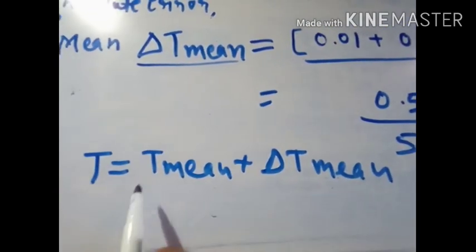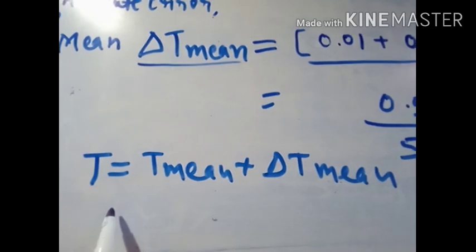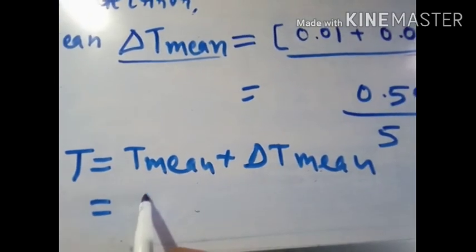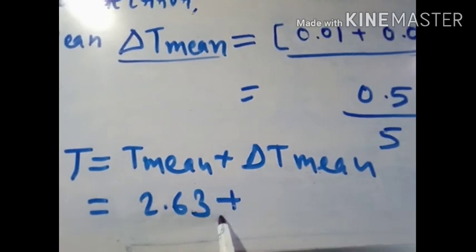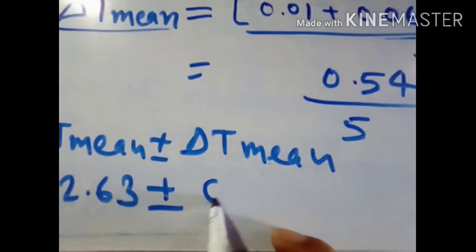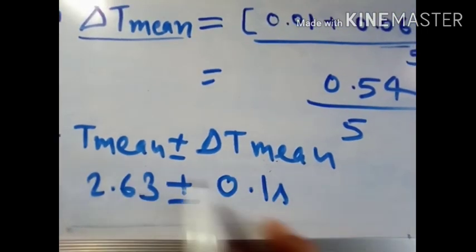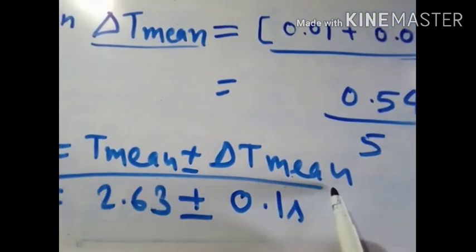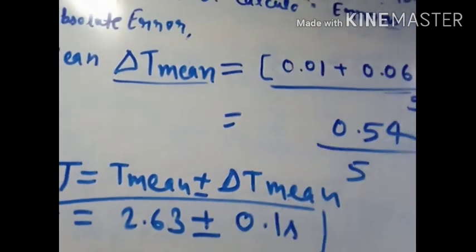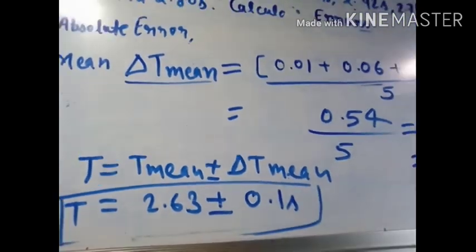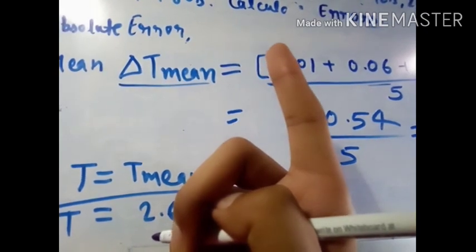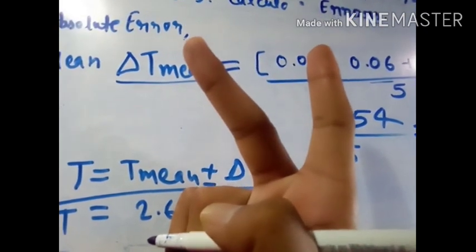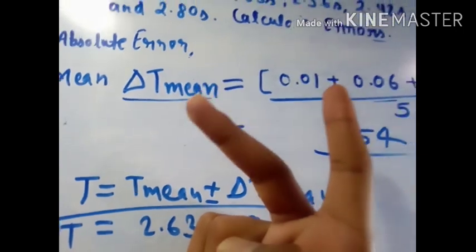The value of t mean you have calculated earlier is 2.63, and then plus minus 0.1, good, 0.1 second. This is the final answer, but two more things are remaining. The first one is the relative error and the second one is the percentage error. So let us calculate them.